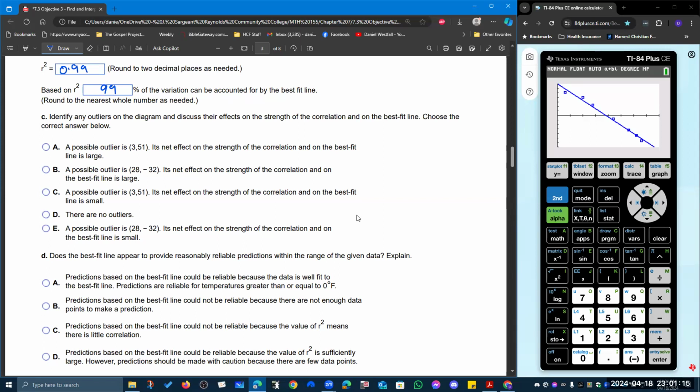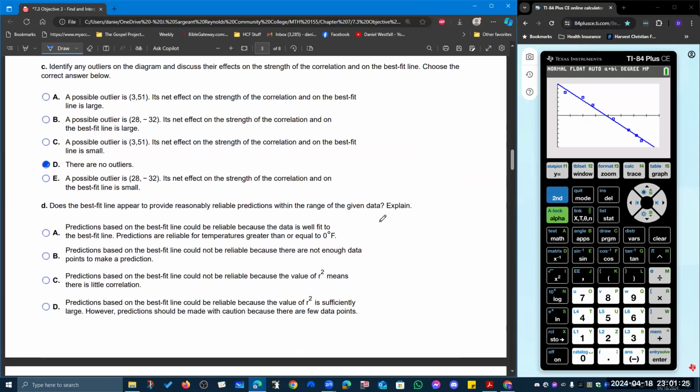There are no outliers. Does the line of best fit appear to provide reasonably reliable predictions within the range of the given data? Yes, because R squared is very large.